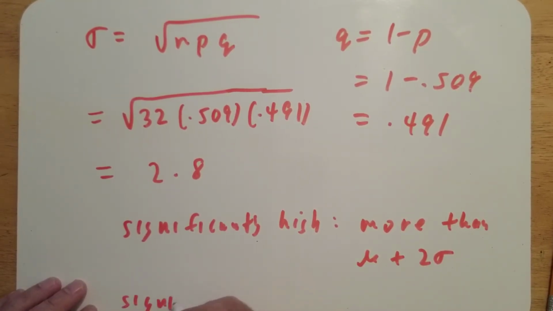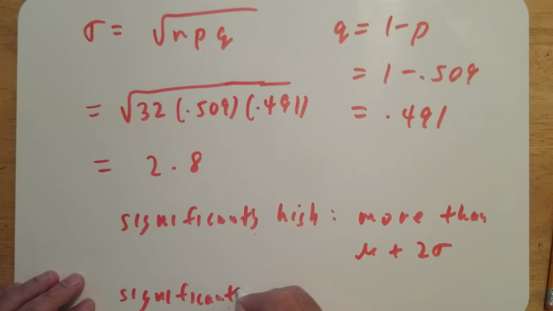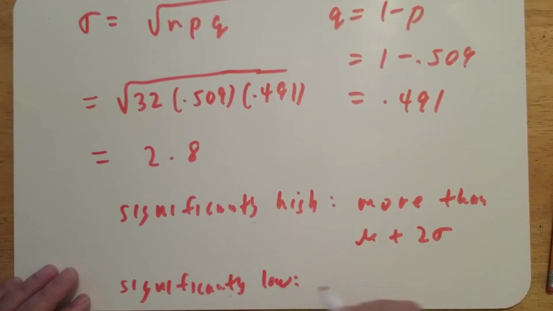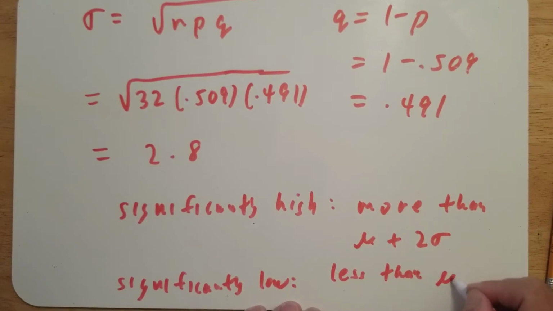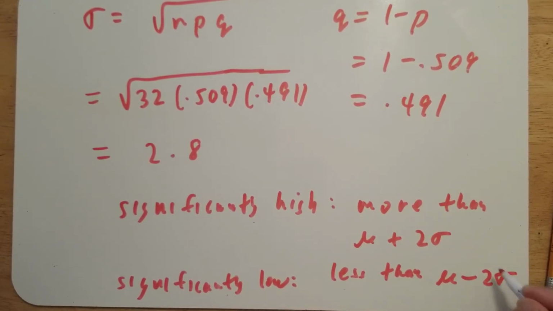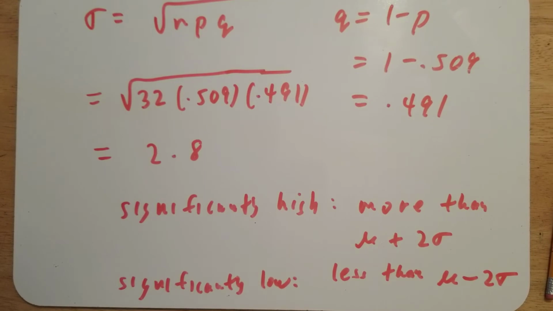And a value of the random variable x that's significantly low would be less than mu minus 2 sigma, more than 2 standard deviations below the mean.